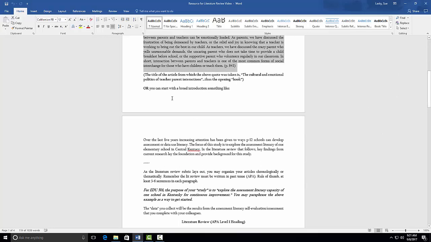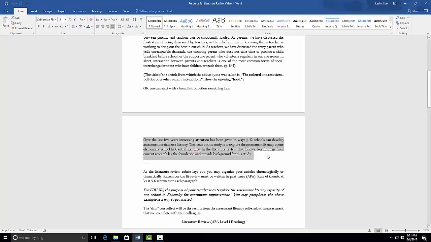The other way to do it is to start very direct. Over the last 5 years, increasing attention has been given to the way P-12 schools can develop assessment or data use literacy. The focus of this study is to explore the assessment literacy of one elementary school in central Kentucky, or eastern Kentucky, wherever you're located.